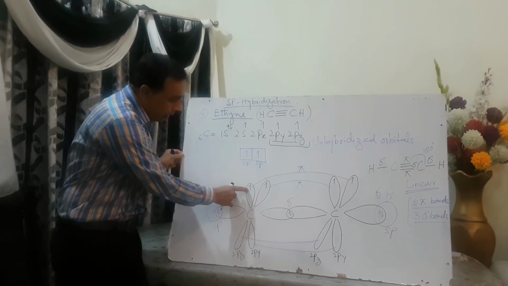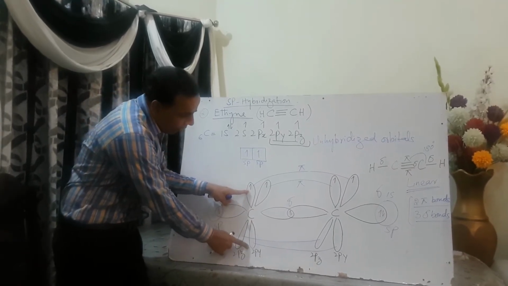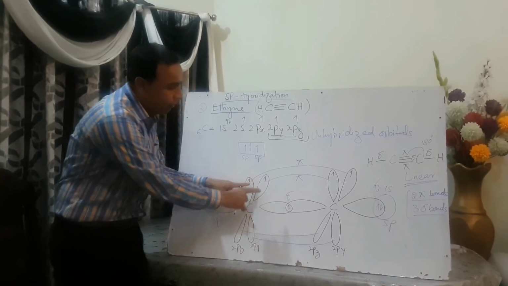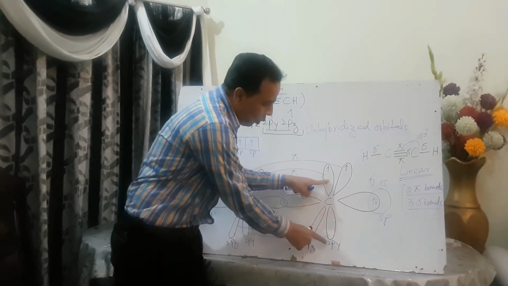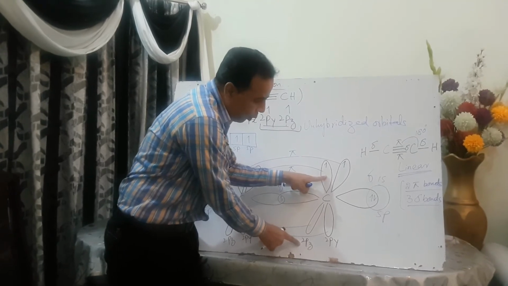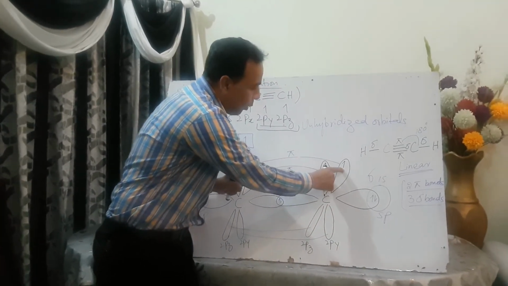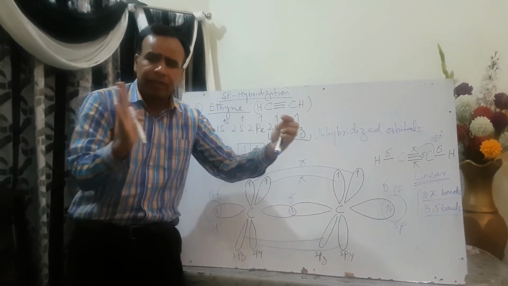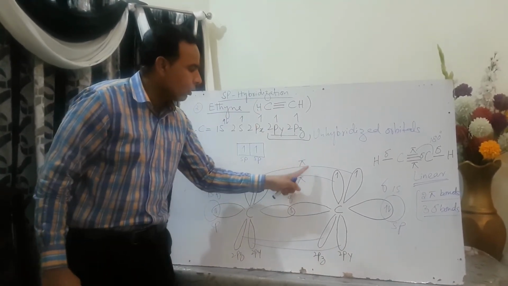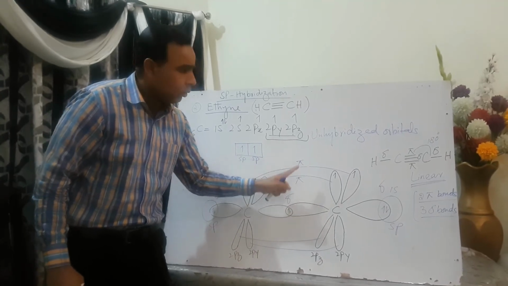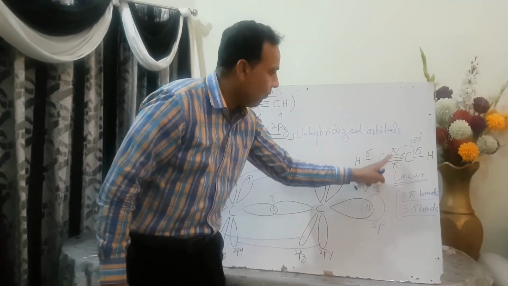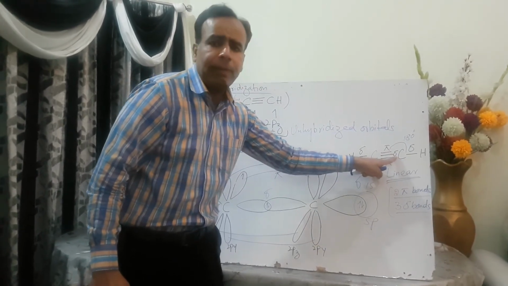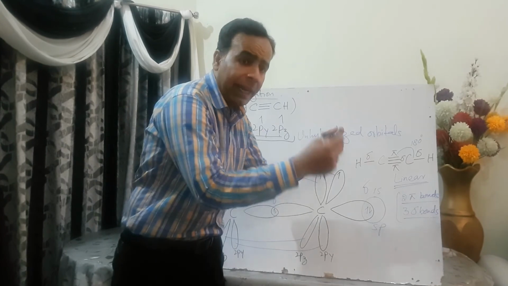And lastly, this is the 2py orbital and this is the 2pz orbital. These are unhybridized, and this is also a 2py orbital and this is a 2pz orbital. One electron in both orbitals, they will overlap sideways and produce pi bonds. There are two pi bonds formed in the case of ethyne, and one sigma bond is produced by head-on overlap.